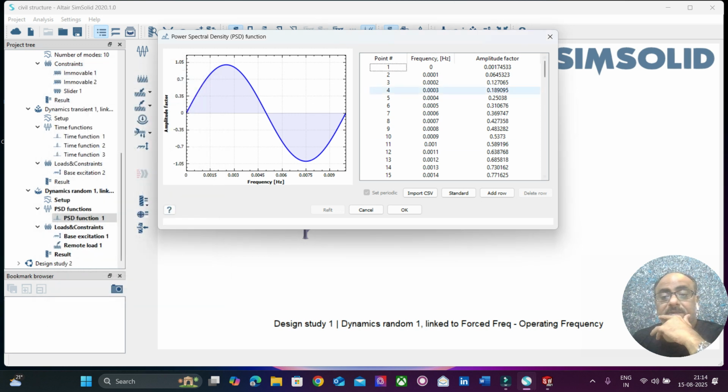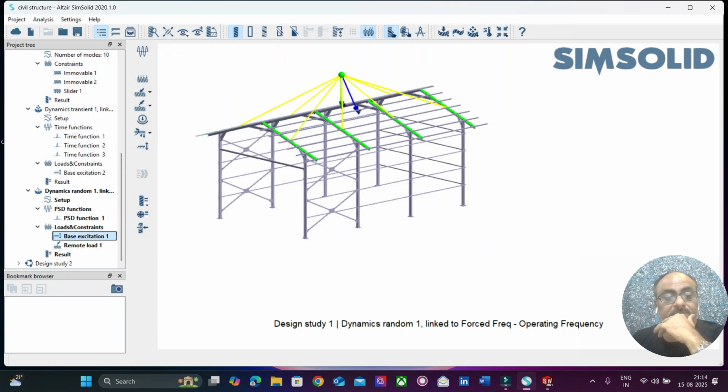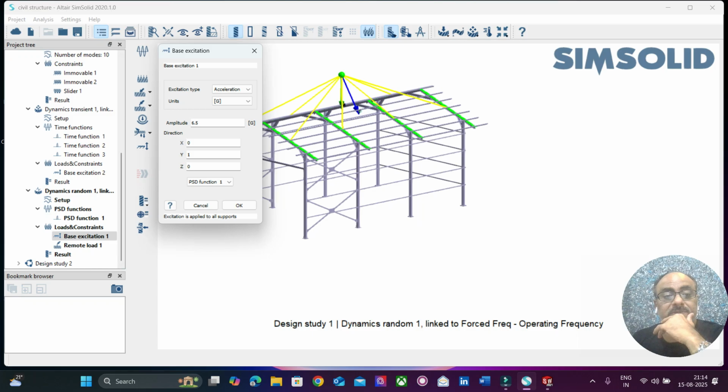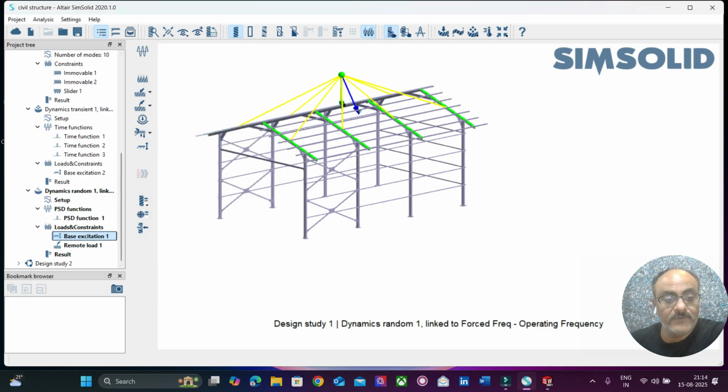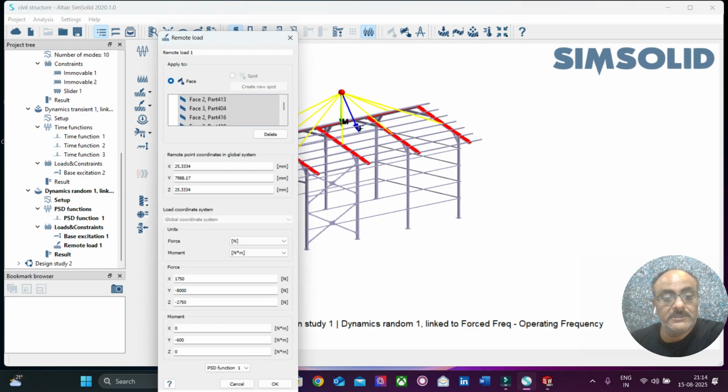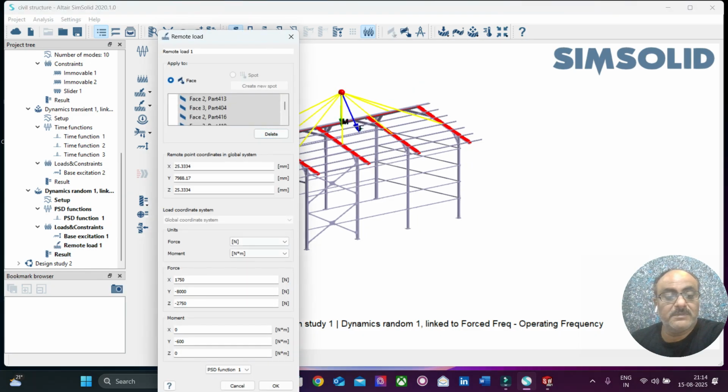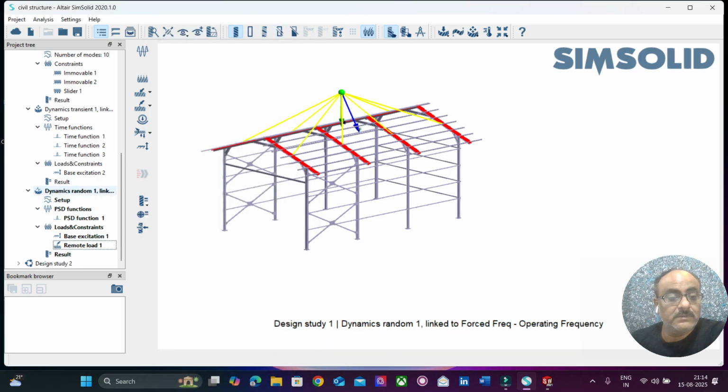Okay, and then we are giving a base excitation, acceleration due to gravity, about 6.5 g value, and then I'm giving a remote load on the top. So the remote load is this much, 8,000 newtons, 2,000 newtons sideways.